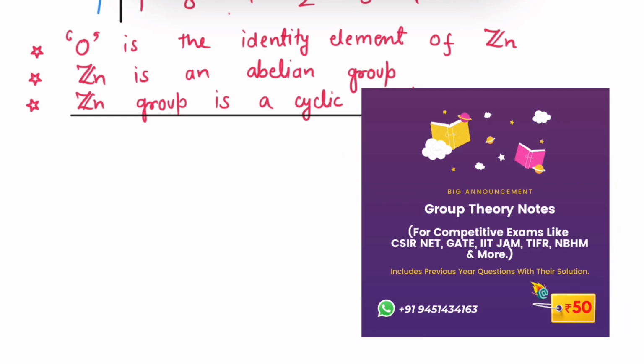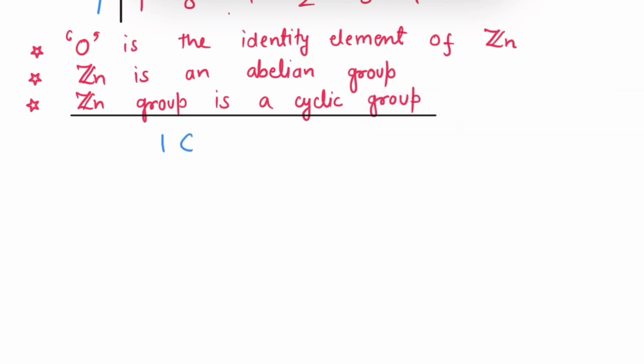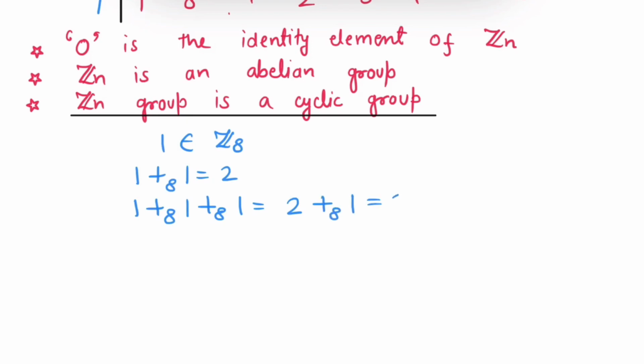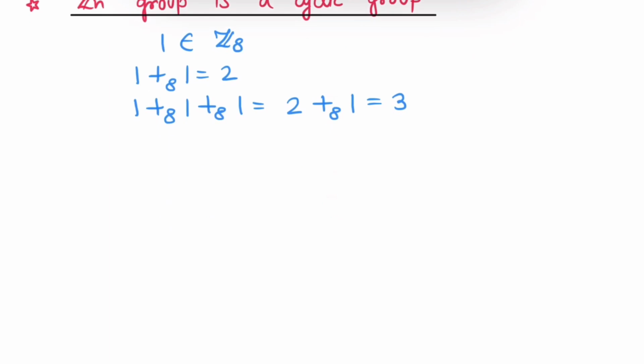Consider the above example. 1 belongs to Z8, and 1 +8 1 equals 2, and 2 +8 1 equals 3. Similarly, 1 +8 1 +8 1 +8 1 equals 4.